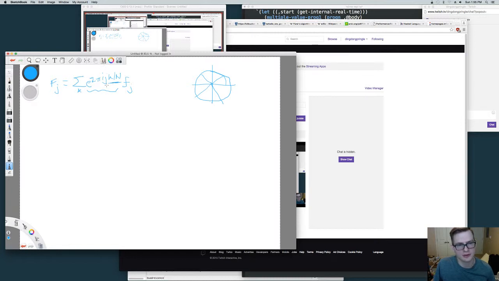So we can actually rewrite this as the sum over j of e to the 2 pi i k over n, to the power of j, times f of j. This is a common theme.